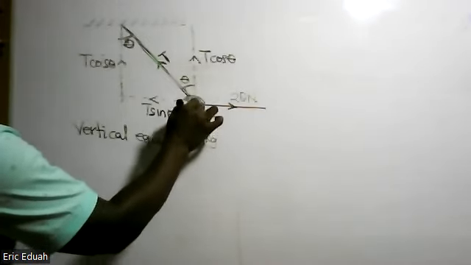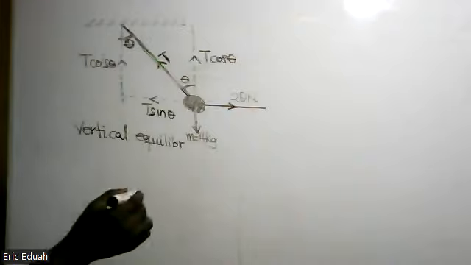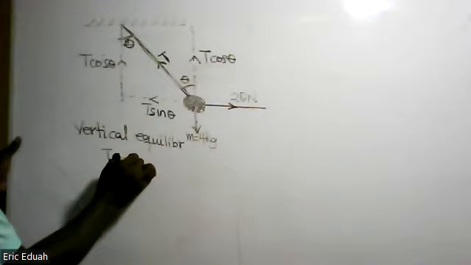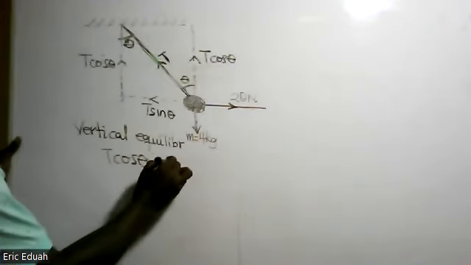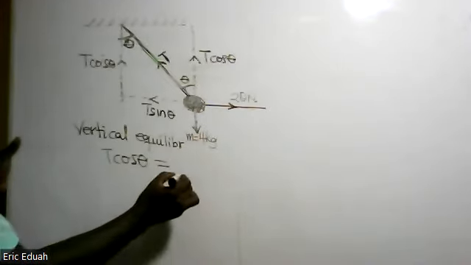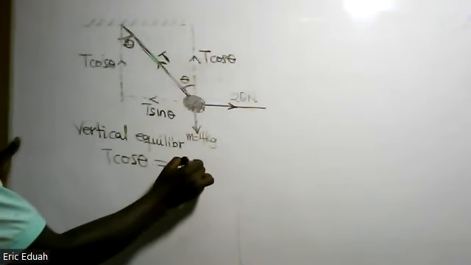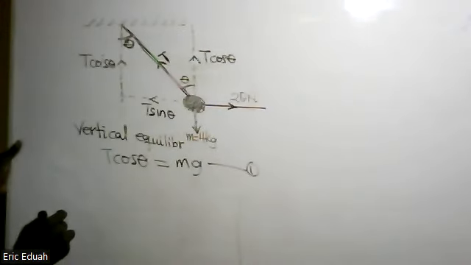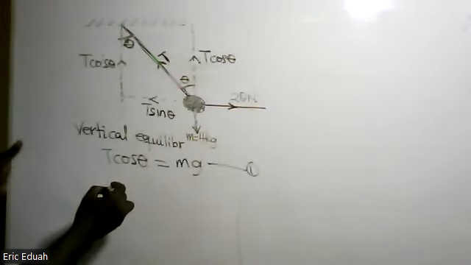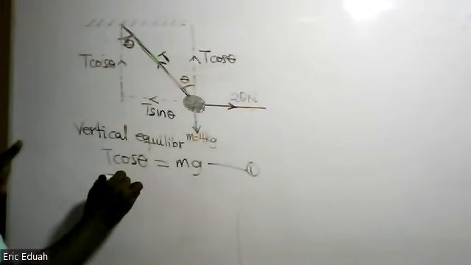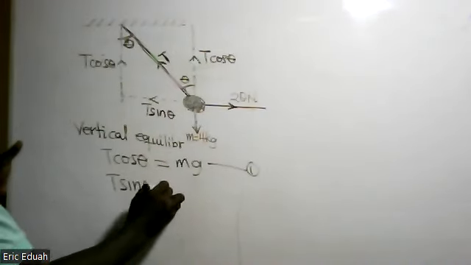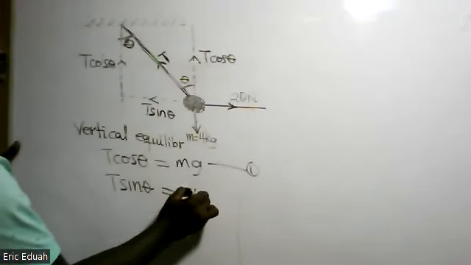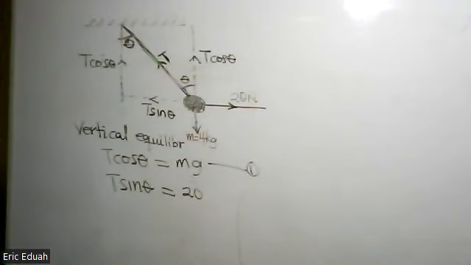So when we look at vertical equilibrium, it means T cos theta is equal to the weight of the mass, which is mg. This is equation 1. When we look at horizontal equilibrium, it means T sine theta must be balanced by the horizontal force pulling the mass, 20 Newton.